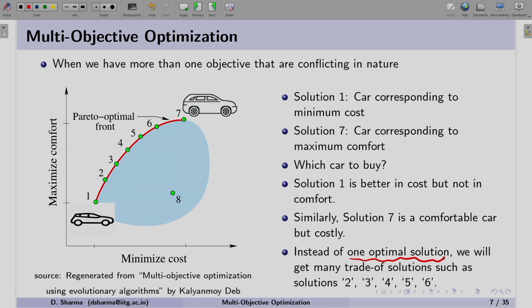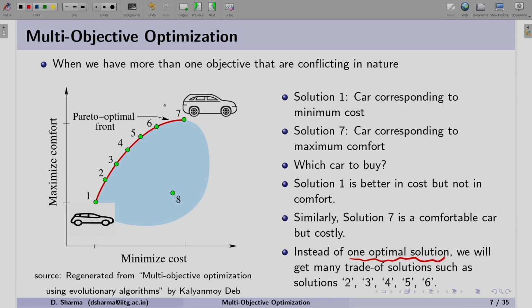But when we solve a multi-objective optimization problem, we get multiple optimal solutions. As we have discussed in the figure, the solutions lying on the red line, this red line is referred to as the Pareto optimal front, and the solutions 1, 2, 3 till 7 are all trade-off solutions, and they are optimal solutions for the given problem.